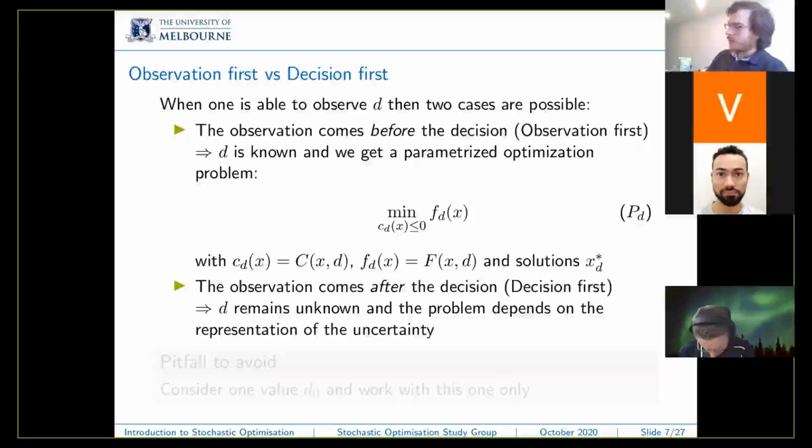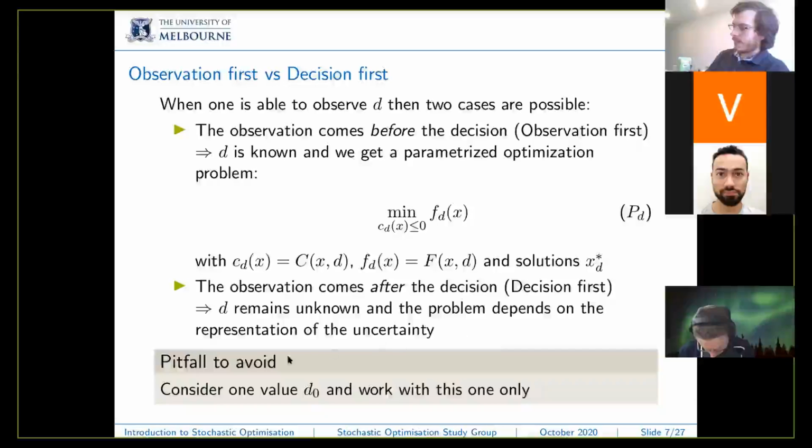There is one pitfall we want to avoid, and which we might be tempted by: to consider one value of the parameter, that I will also call a scenario, and work with this one only without considering the other ones. It might work, but if you do this, you ignore all the uncertainty in the problem, and it might not be very efficient sometimes.